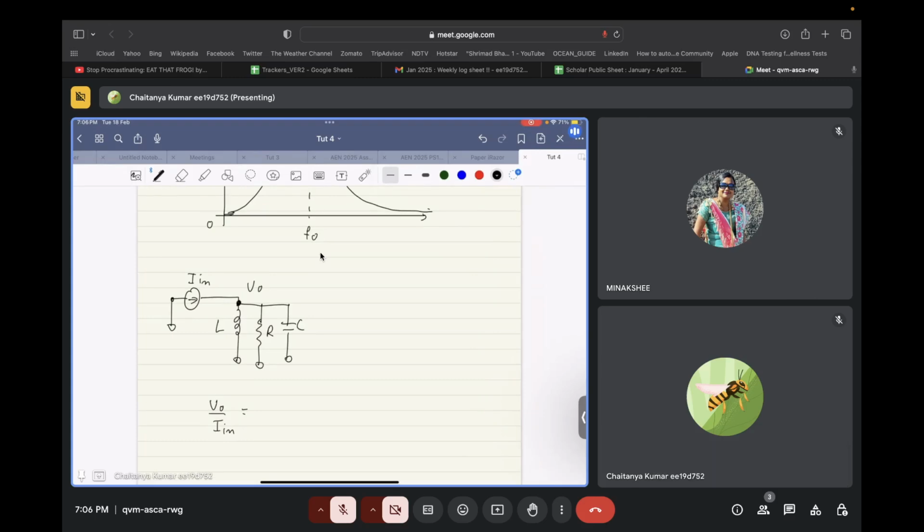Can any one of you tell, at very low frequencies, what will be the output voltage? Let's say I in's frequency is tending to 0. At those low frequencies, what will be the voltage developed?